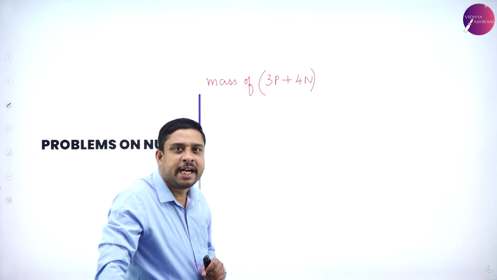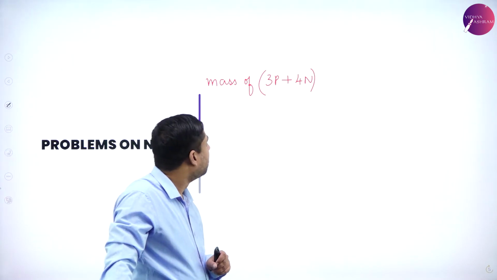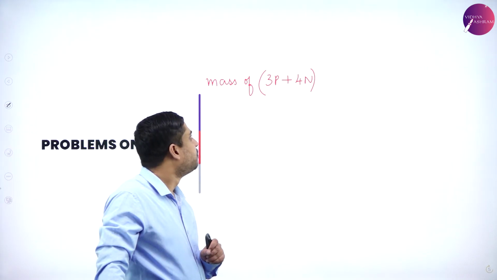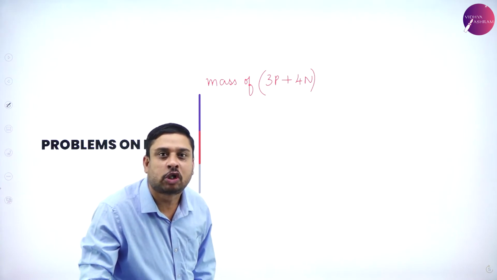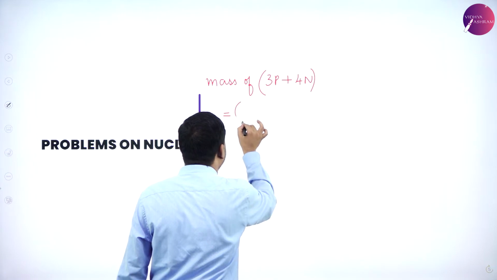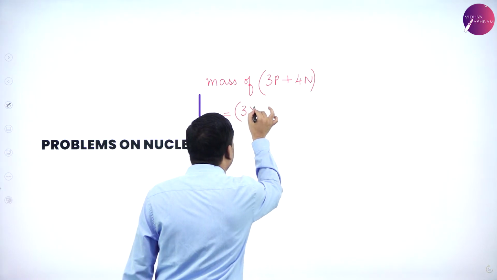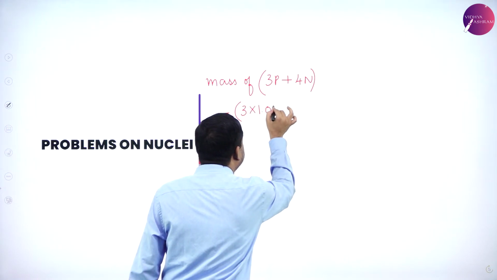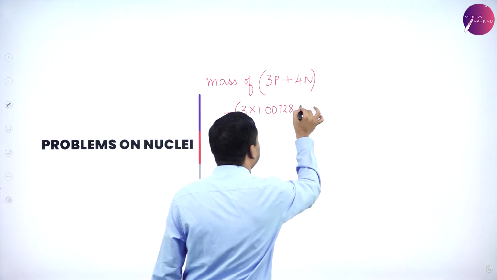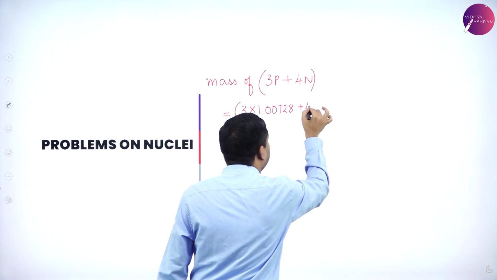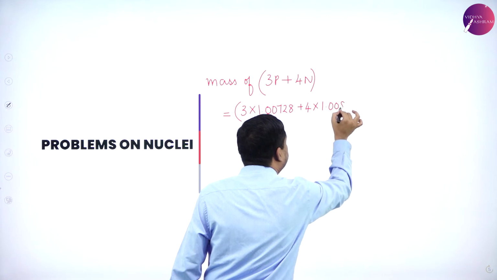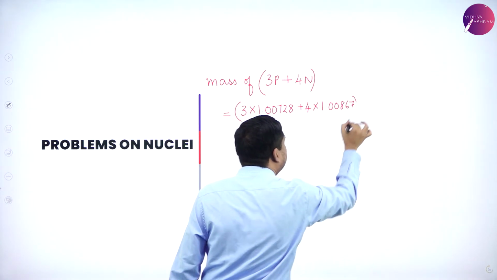First, what am I calculating? The mass of 3 protons plus 4 neutrons. So this is 3 into 1.00728 plus 4 into 1.00867.